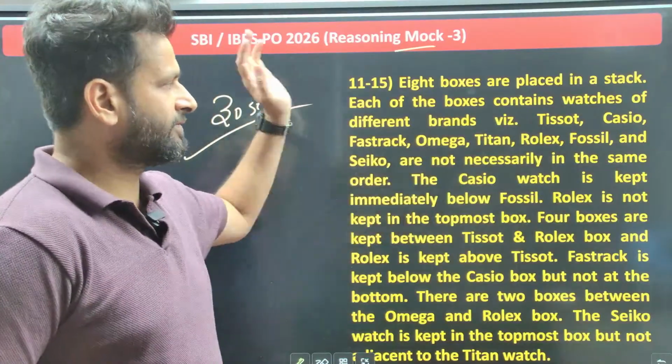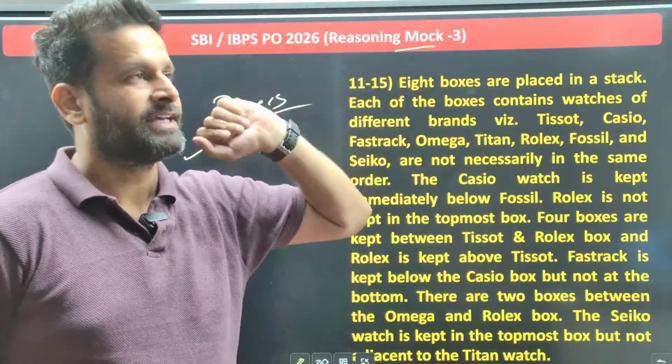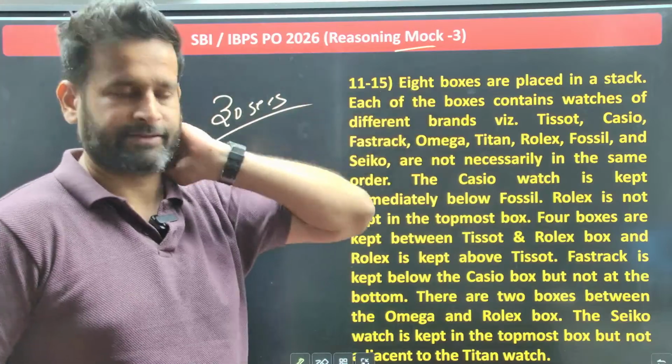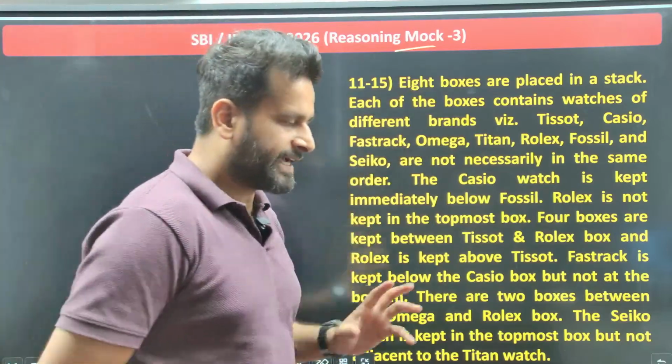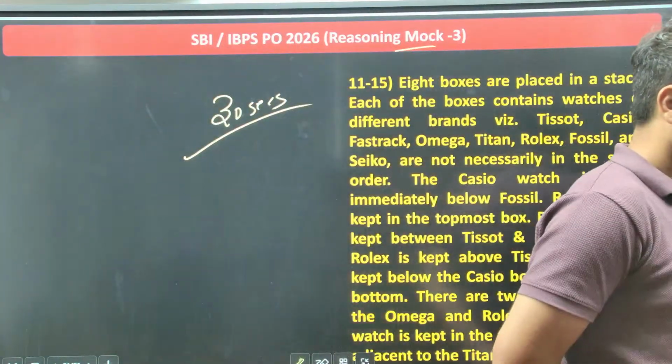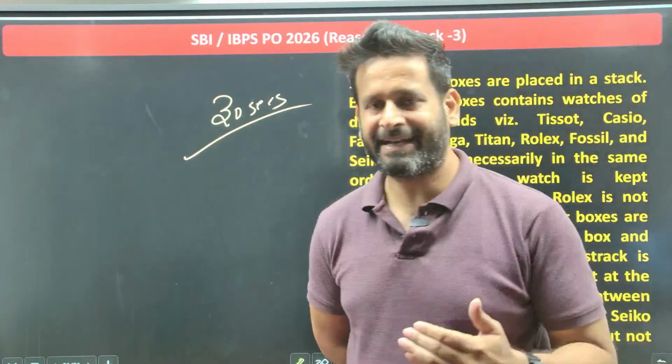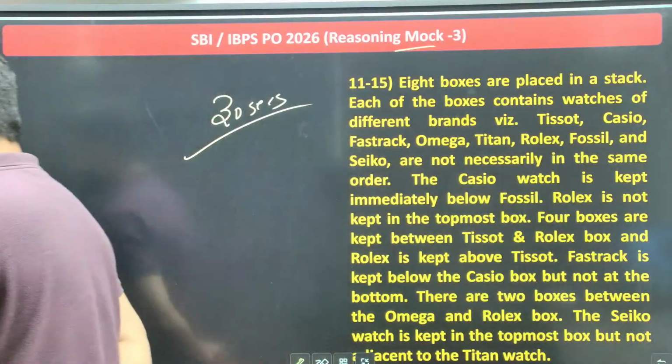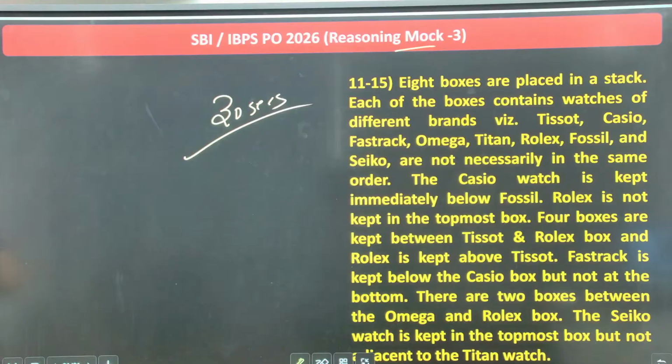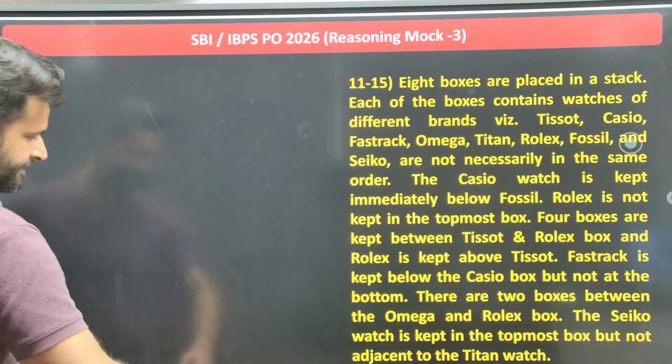That is the reason after floor we have done floor first, and now we are doing this box-based arrangement, so that you find some similarity in solving the questions. Check this out. Shall we see?